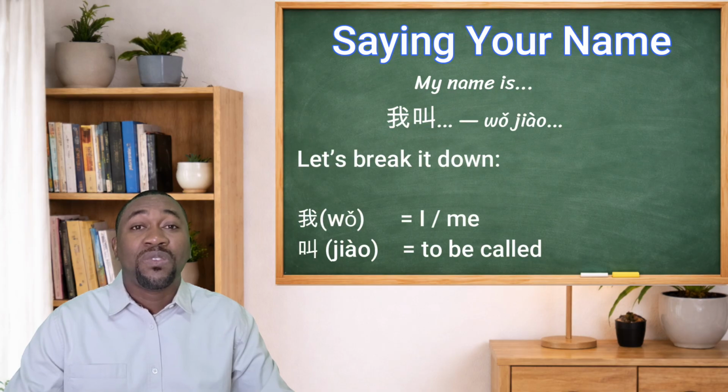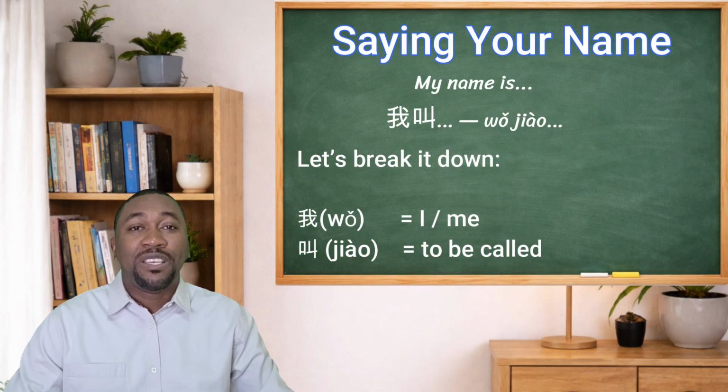Let's break it down. 我 means I or me, depending on whether it's the subject or the object, but in this case, the subject. So 我 means I, and then 叫 is the verb which means to be called. So again, literally, 我叫 means I am called.